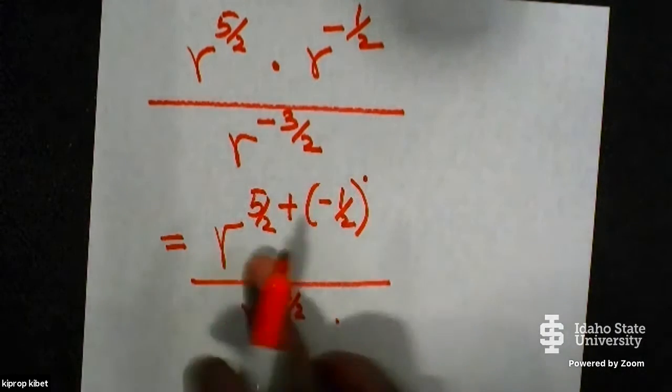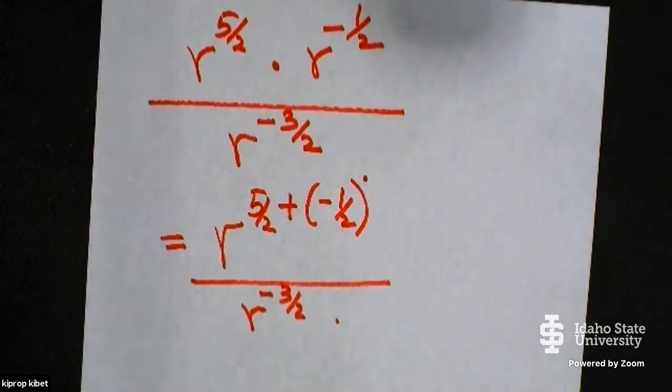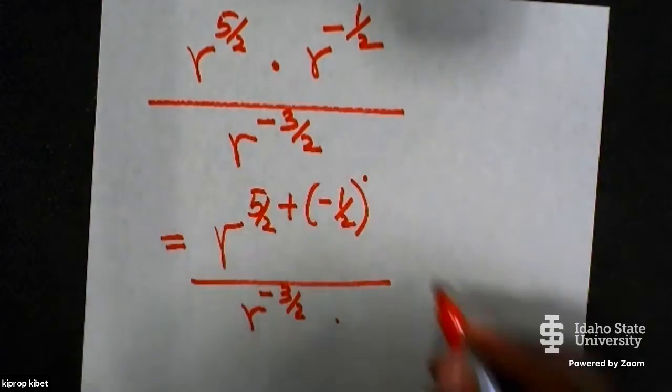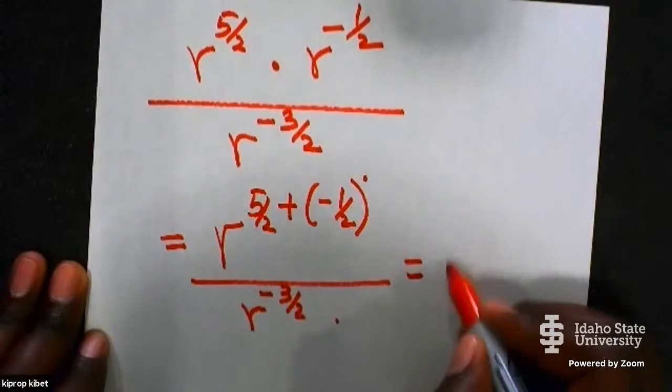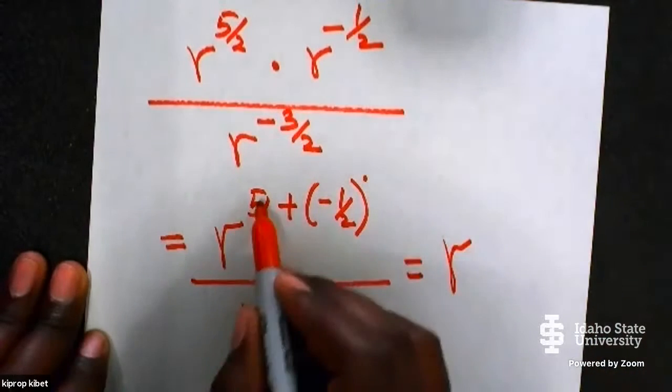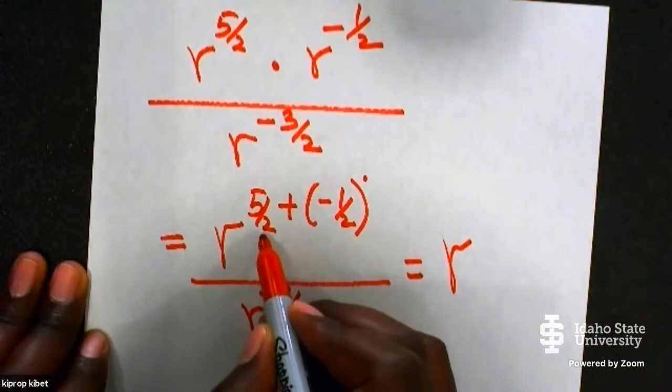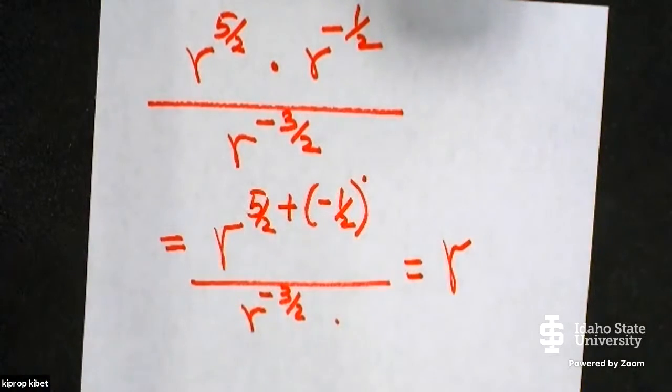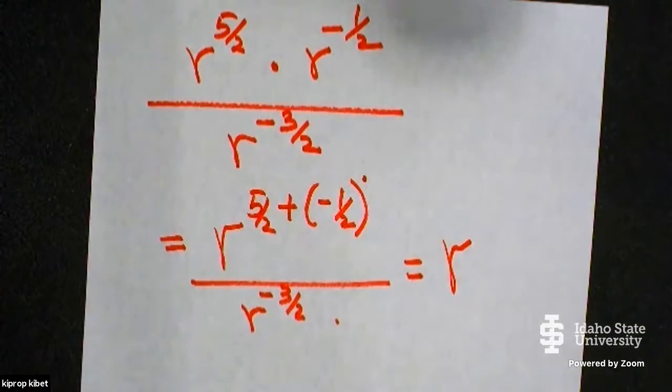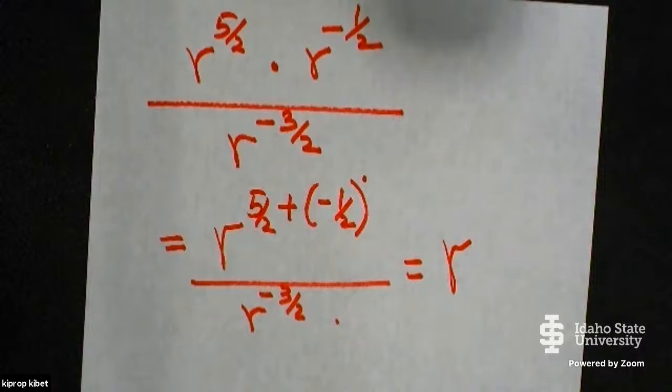Second, now solve this. It is similar to r raised to 1. So this is 5 all over 2 minus 1 all over 2. What do you get?